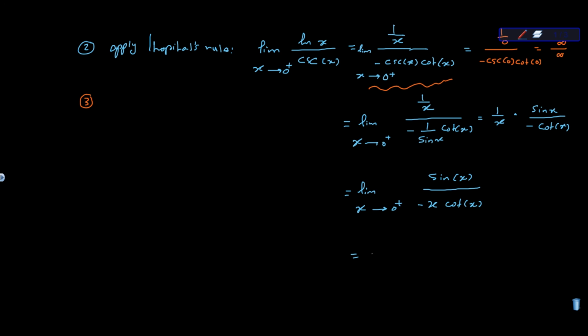Okay, this is the limit as x approaches 0 from the right. Split this fraction into two fractions: sine x over x times 1 over cot x, minus cot x.